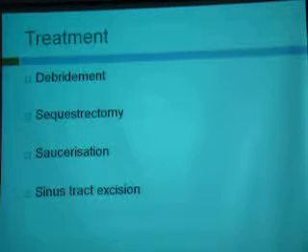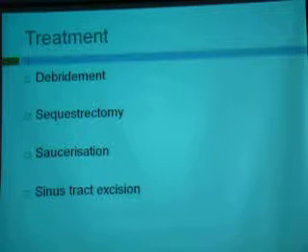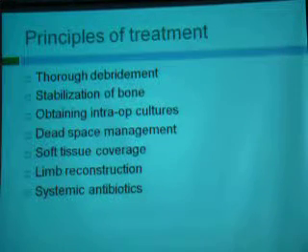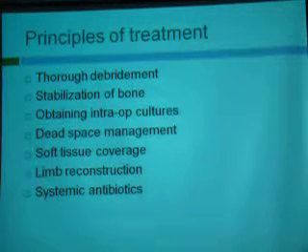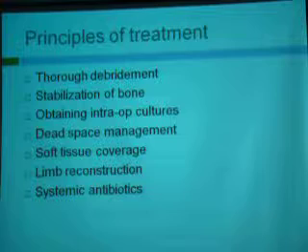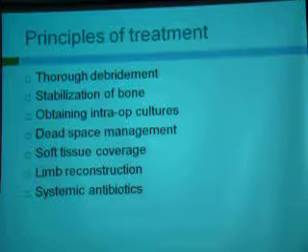So for this case, the ideal treatment would be surgical, in which the steps would involve debridement of the wound as well as a sequestrectomy, a saucerization, that is de-roofing of the medullary canal, and excision of the sinus tract. Broadly, the treatment principles for any case of chronic osteomyelitis include thorough debridement, and stabilization of the bone if there is an impending fracture or a pathological fracture.